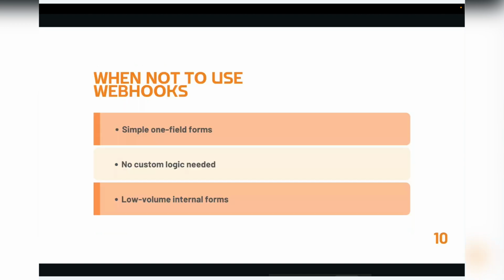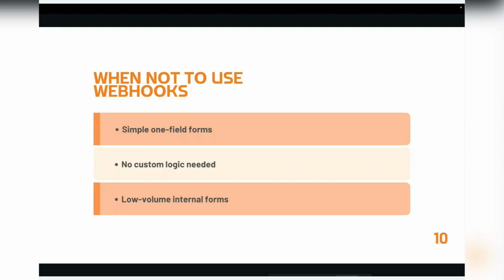Yeah. And this is also an important one: when we should not use webhooks, because we should not overuse them, right? You may not need webhooks if your form is very simple, like there is no conditional logic involved or no data volume in your use case. In those cases, you don't need webhooks.